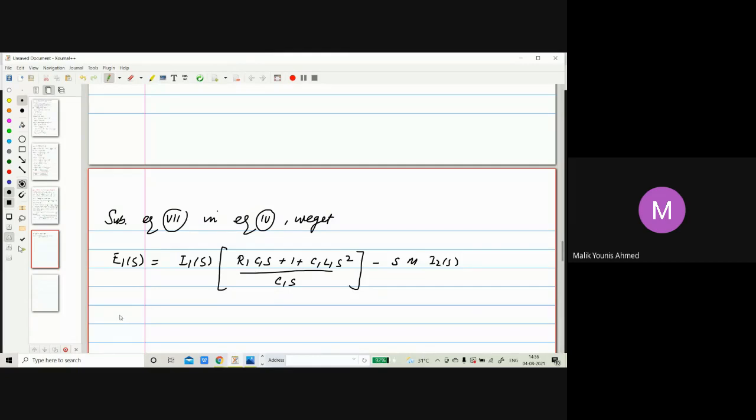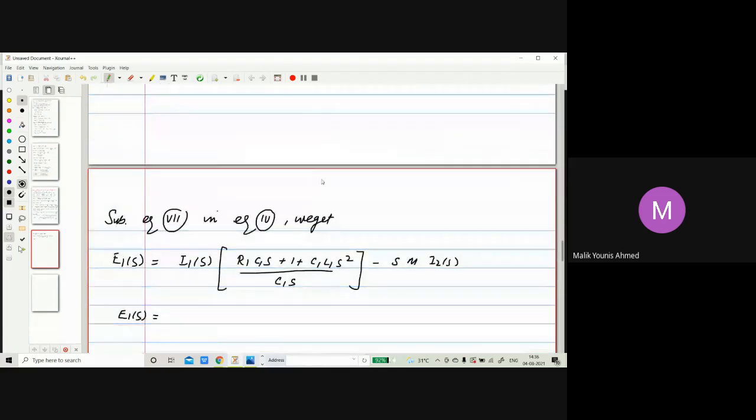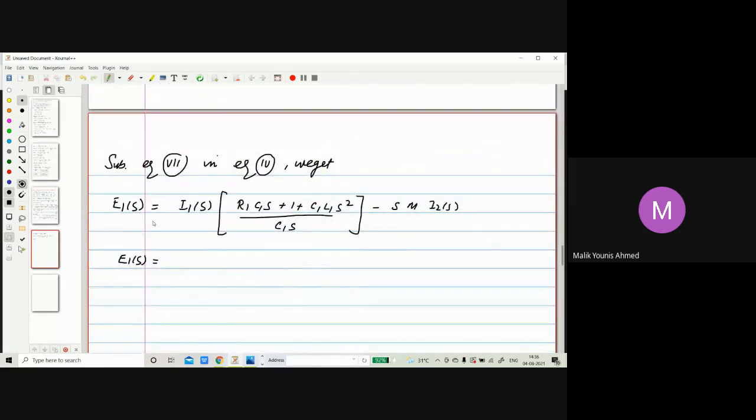So E1 of S will be, now what we'll try to do, we try to substitute the value of I1 of S. This is the value we are going to substitute now. So I write it down here. I1 value will be R2 C2 of S plus C2 of S square.